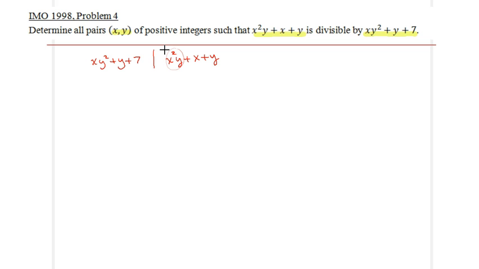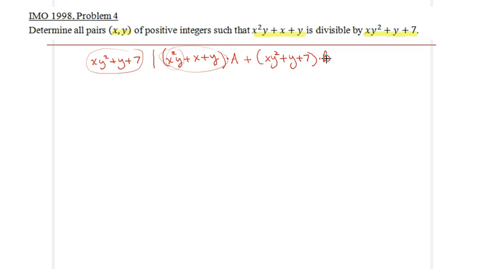So for that, if it is the fact that this thing here, xy squared plus y plus 7, divides this whole right hand side, it will continue to divide this times a number a, let's say a coefficient a, plus itself, xy squared, because these expressions are very close to each other, plus y times b.